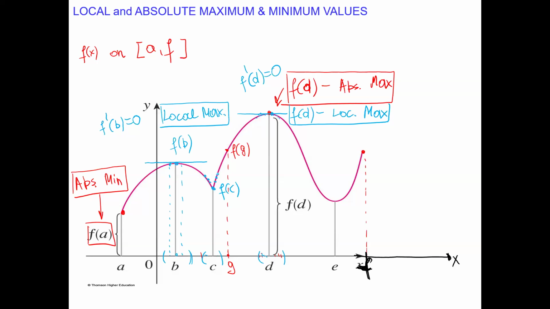That means all of the values for the corresponding axis from the left and the right-hand side at c are higher than f of c. Then we can say that f of c is also local, but in this situation, a local minimum. f of c is the locally lowest point, just locally.